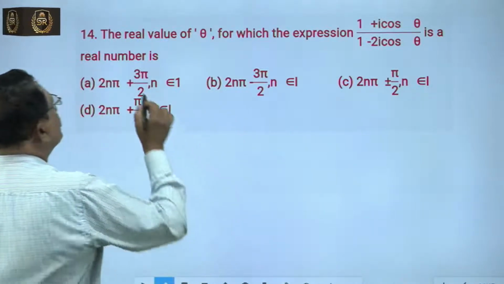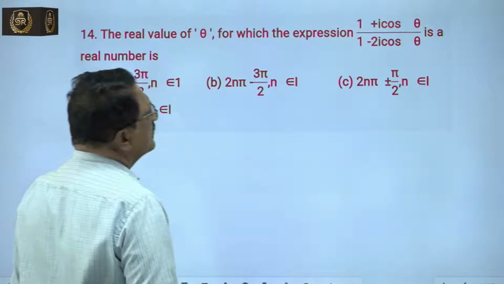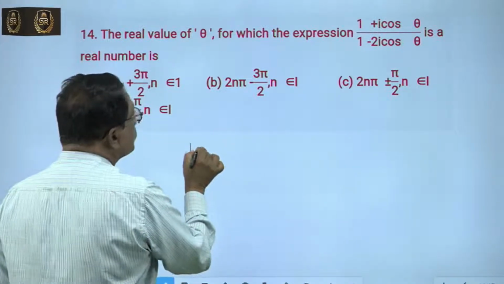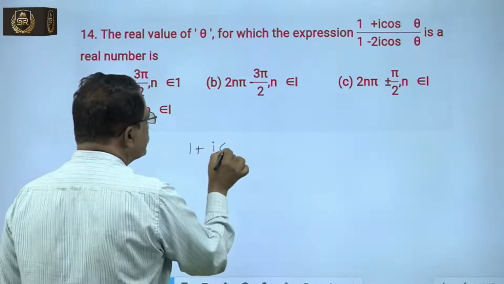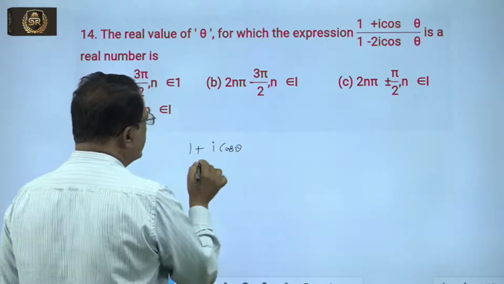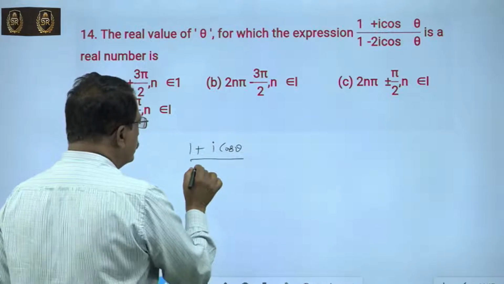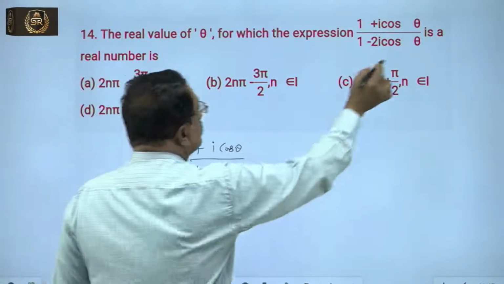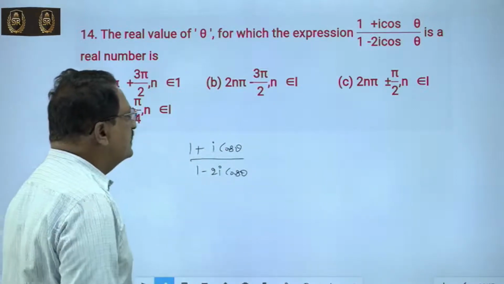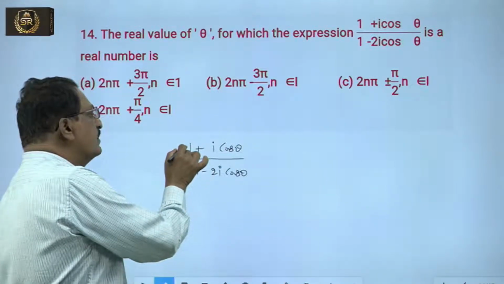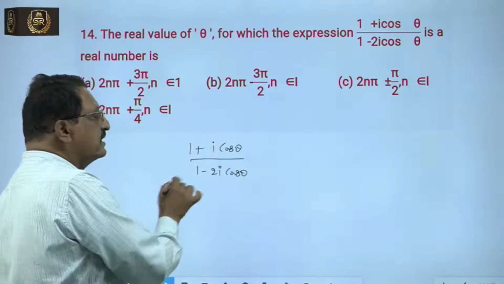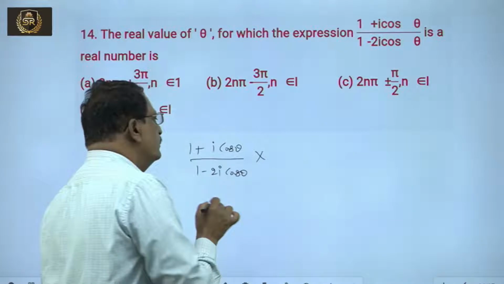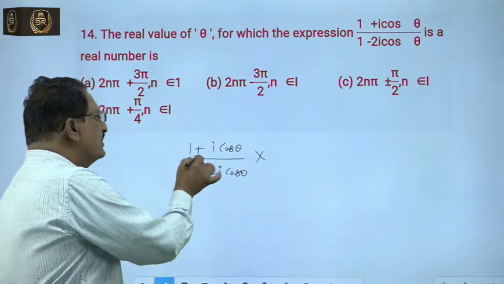Next, the value of theta for which the expression 1 plus i cos theta by 1 minus 2i cos theta is a real number. Now given the complex number 1 plus i cos theta by 1 minus 2i cos theta, multiply and divide with the conjugate of the denominator.